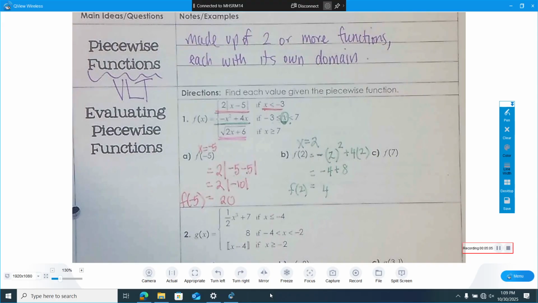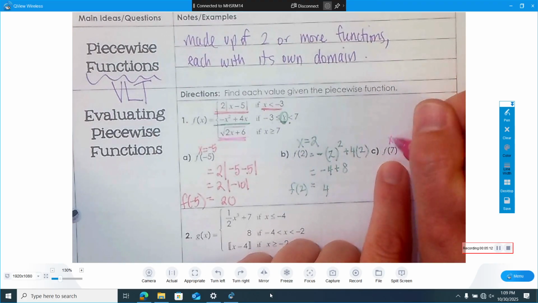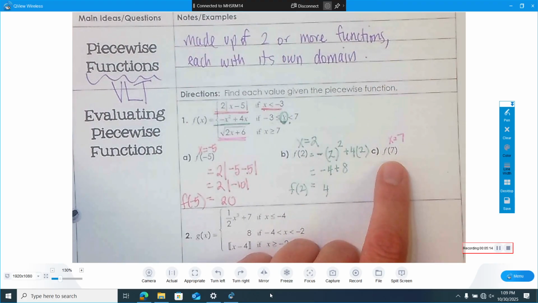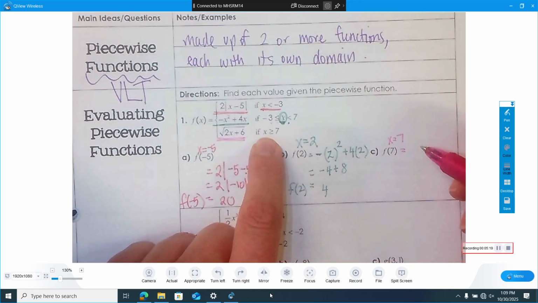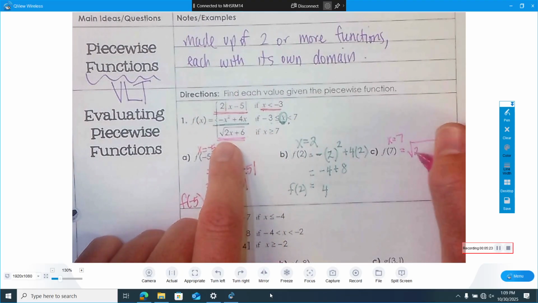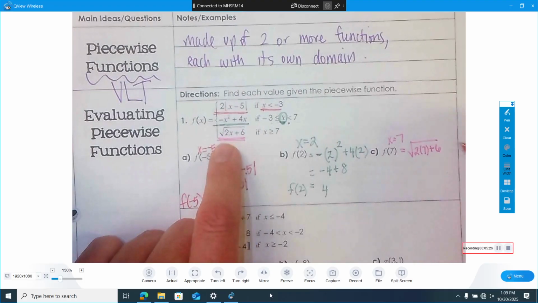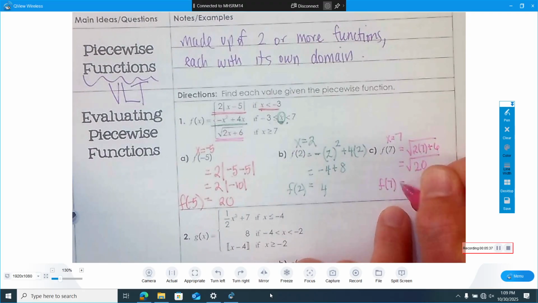Good, good. On letter C, what is our x value here? 7. x equals 7. So where do we plug it in? The bottom. Very good, because 7 is greater than or equal to 7, so that makes perfect sense there. That is a true statement. So now we plug in our 7 for the x there. All right, we get the square root of 14 plus 6 is 20, and that's a perfect answer. Maybe I would want to simplify that. Let's do that just to remember.